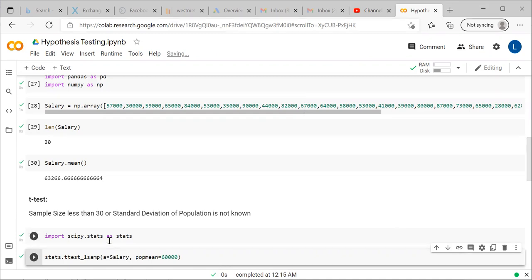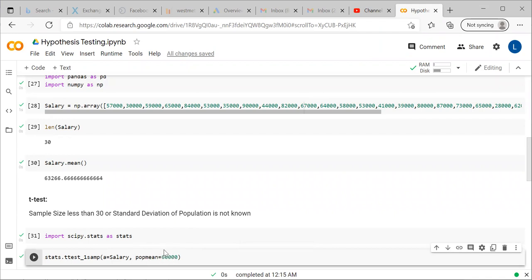That's why it is the one sample t-test. A is the array, whatever data you want to conduct the t-test on; salary is the array. Then the population mean.